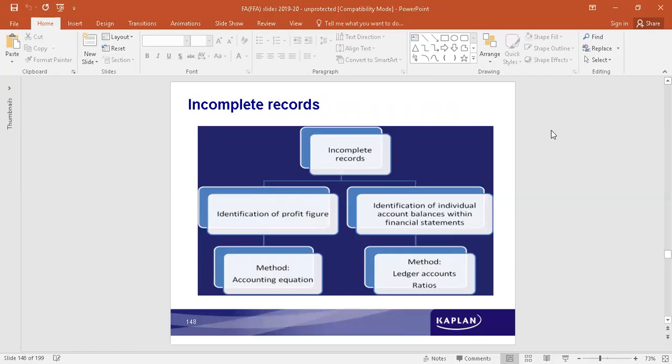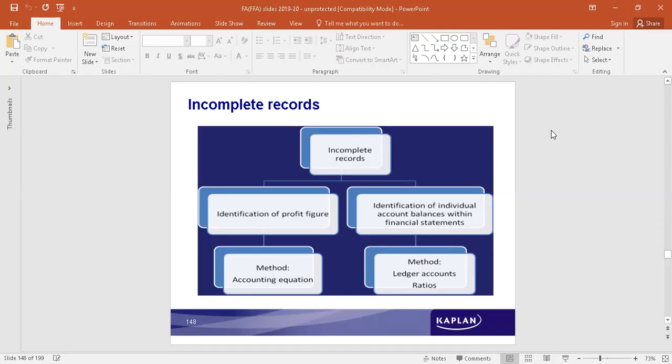The next topic is if there are incomplete records: identification of profit figures using the accounting equation. The accounting equation is assets equal to liabilities plus equity.